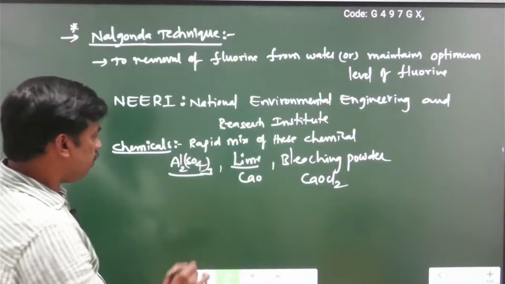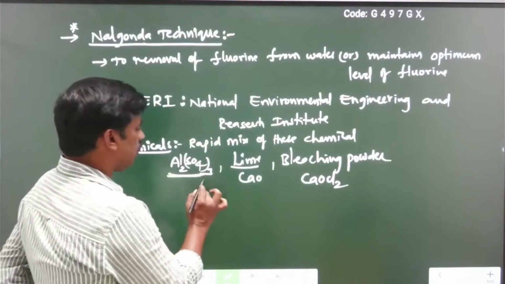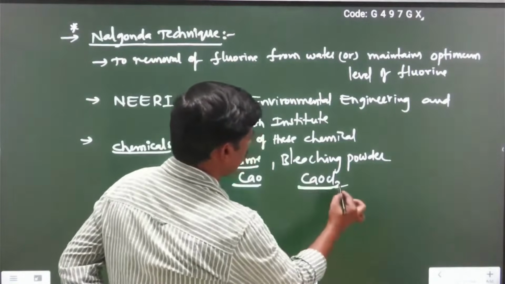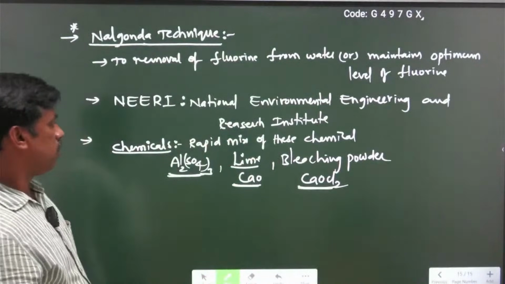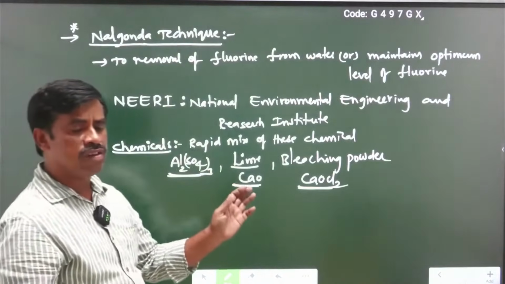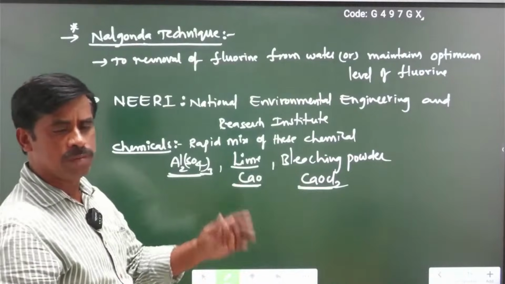Whenever aluminium salts, calcium oxide (lime) and bleaching powder are rapidly mixed with this water, the dissolved calcium and magnesium salts slowly precipitate.